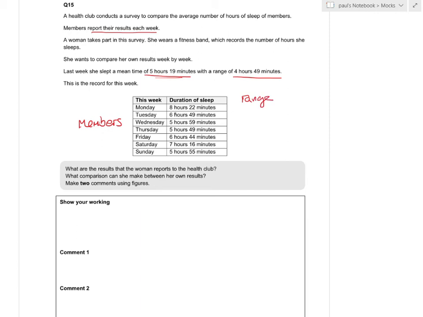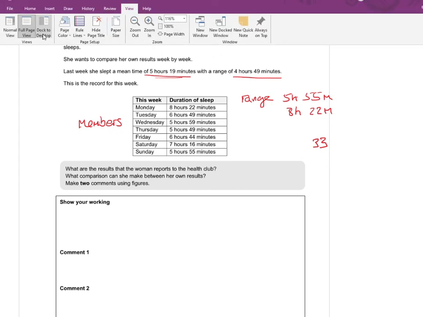is going to be the difference between the shortest, which is 5 hours and 55 minutes, and the longest, which is 8 hours and 22 minutes. So what's the difference between that? So we've got 33 minutes to make up to 55. Oh, no, it's the other way around, isn't it?